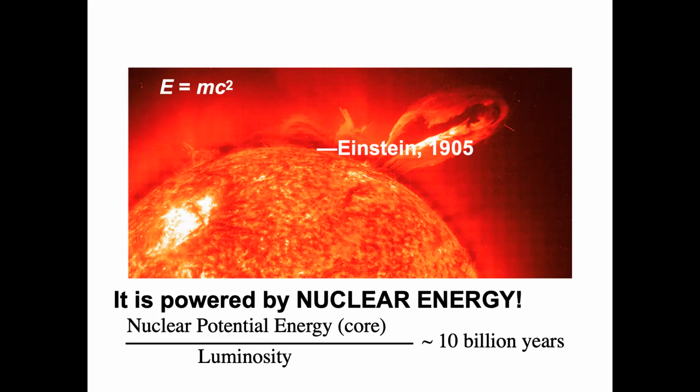You can apply E equals mc squared to this. Based on the mass of the sun, it has a certain amount of nuclear energy, and given the power output, aka the luminosity of the sun, it is predicted that the sun is almost halfway through its lifespan.